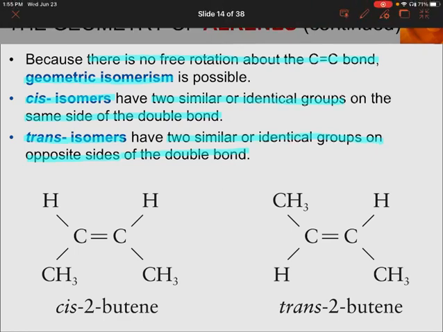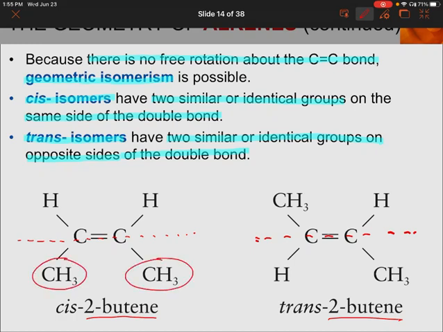So down below we have 2-butene. These are both 2-butene. What I'm going to do is cut this alkene in half through the middle, so not vertical, but horizontal. Let's do that to the other one too. Okay, so on our molecule on the left, we have 2 methyl groups that are both on the same side if we cut the alkene in half horizontally.